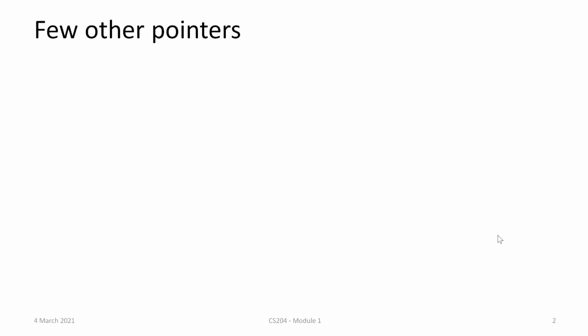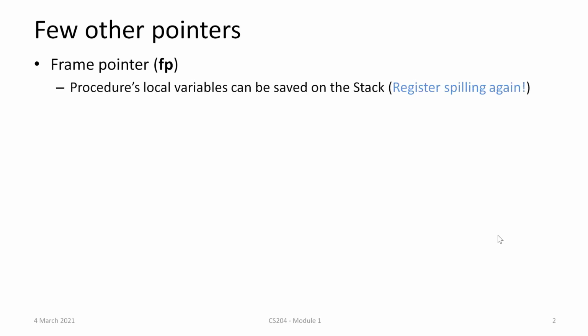Along with that, we have a couple of other pointers that RISC-V provides us. Let's look at them. The very first one is frame pointer. As you are aware, when we start executing a procedure, many a times we might need to place a lot of temporary variables or the local variables onto the stack to free up the registers.